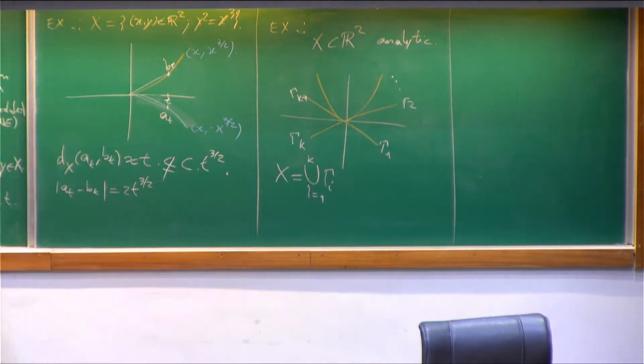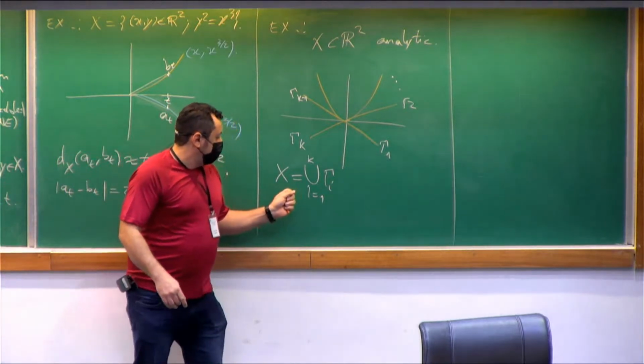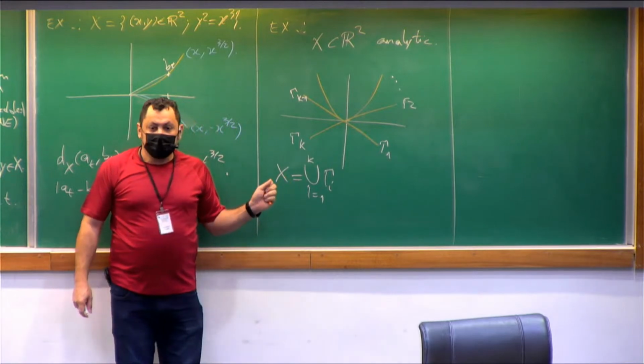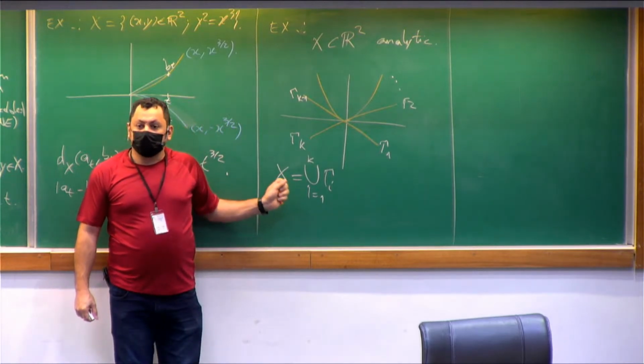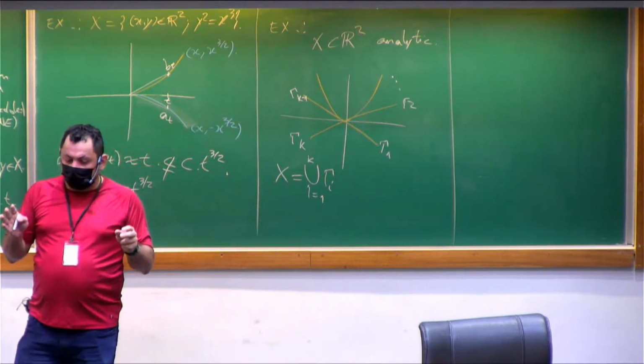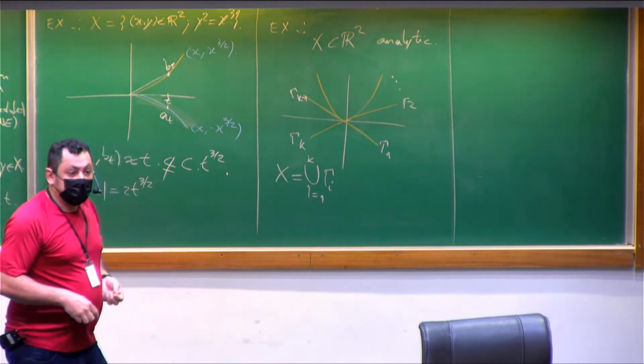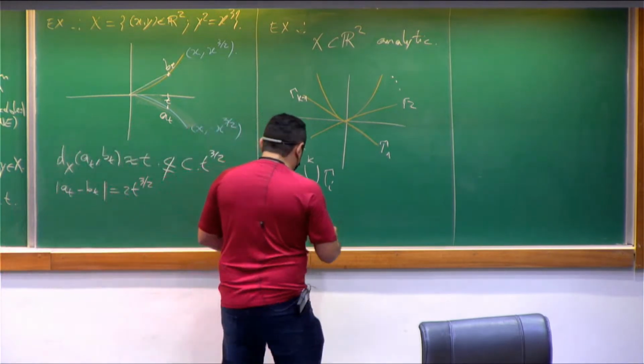The intersection of any two branches is only the origin. I'm assuming that, okay? So how can we decide whether this is LNE or not? Our way to decide is just looking at the tangent cone.